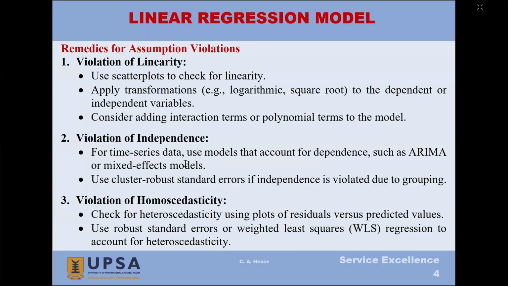Then panel data analysis covers both longitudinal and cross-sectional. When you violate the homoscedasticity assumption, what do you do? You use robust standard errors or weighted least squares regression to account for the heteroscedasticity in your data.